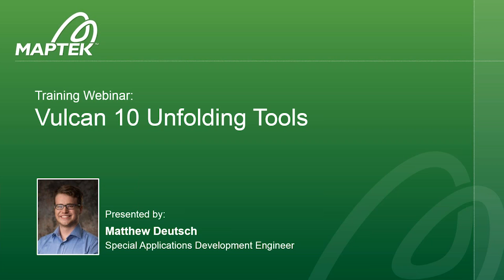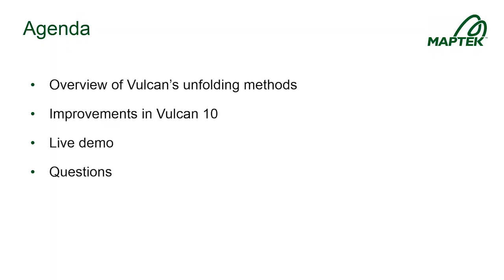Okay, thanks, Cherie. So today we're going to be looking at unfolding in Vulcan 10. We're going to talk briefly about the various different unfolding methods in Vulcan, as well as some of the improvements which have been made for Vulcan 10. There are several different techniques which all have different applications that all live under this unfolding banner, but they all operate quite differently.